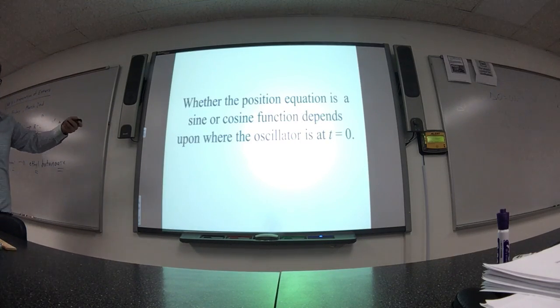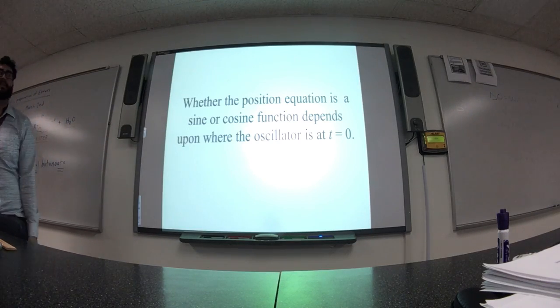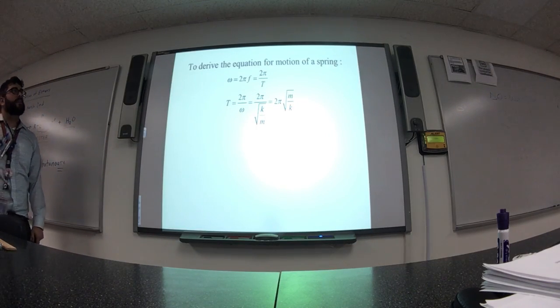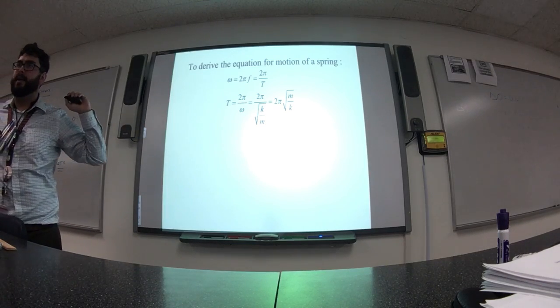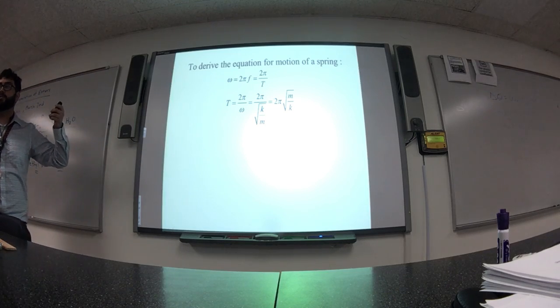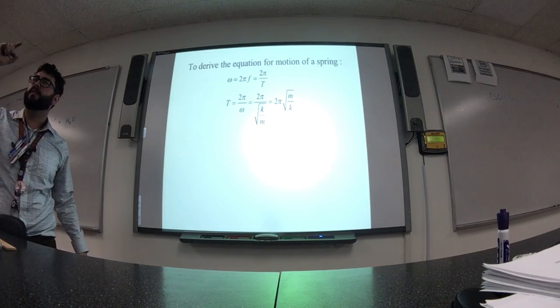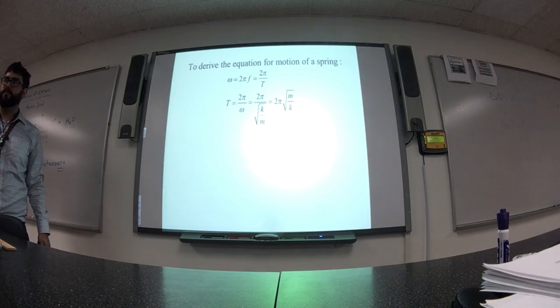We already said that. Where the function starts will help me figure out if it's a sine or a cosine function. Now, getting that period is a matter of knowing what that omega is. Remember that in that differential equation, we made that small substitution where we had that k over m term, and then we just replaced that with omega squared.